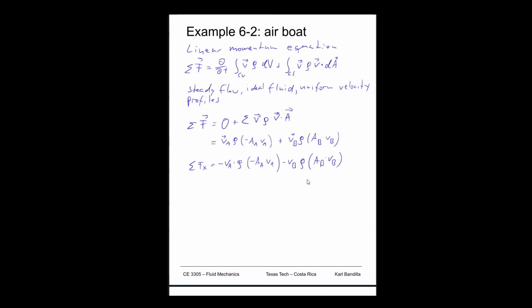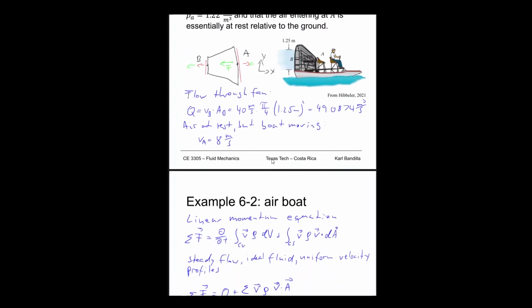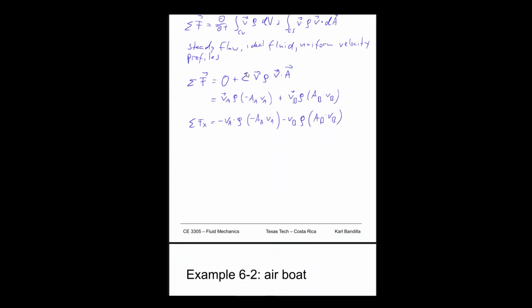Now we know that AB times VB, right? That's the Q that we calculated. We also said that the same Q is coming in, so we can rewrite both as Q's.